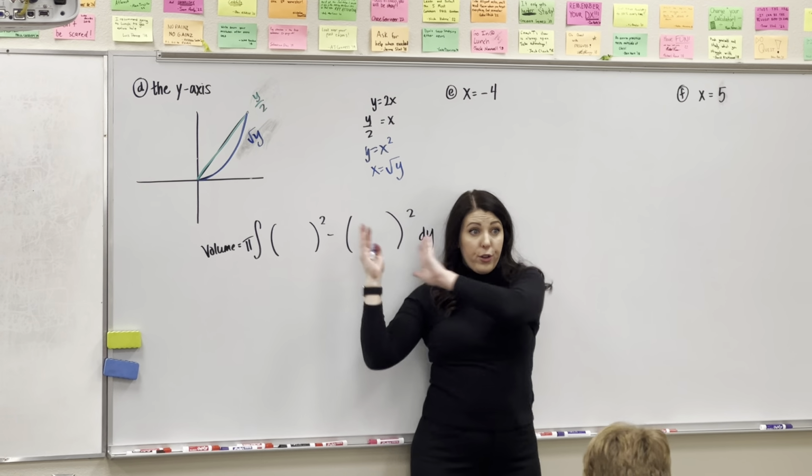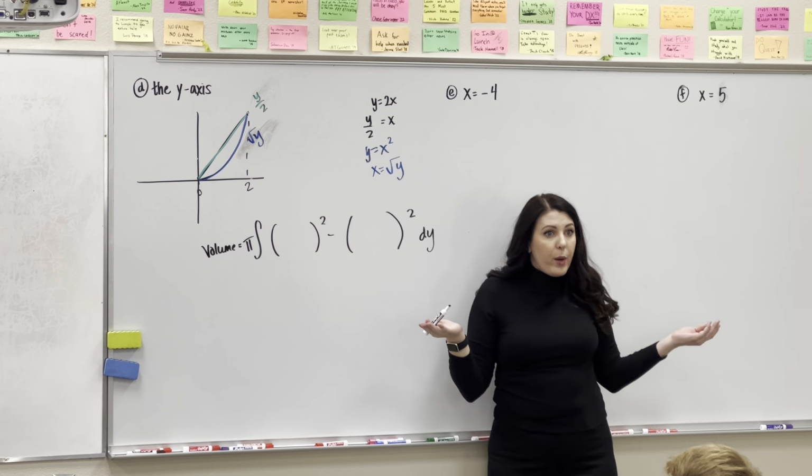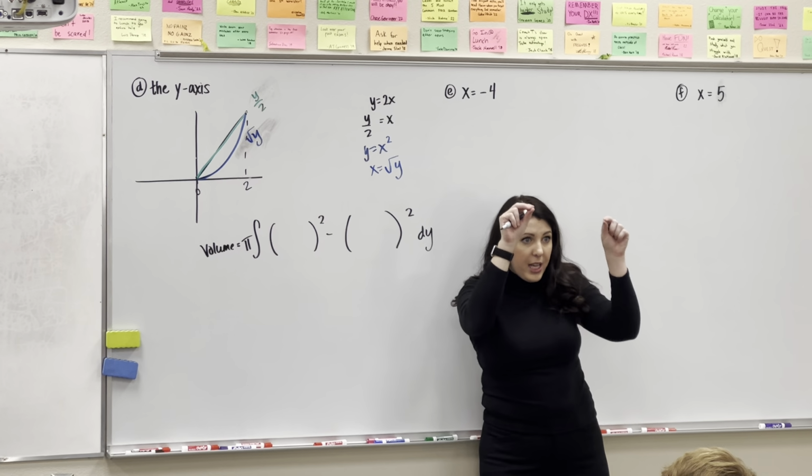Okay? So, one final thing we need to do. We knew that this was x equals 0 and x equals 2. Those were x bounds. Now I need to know the y bounds. How do I find those y bounds? Plug your x bounds into y equals x squared. Yep, and you can plug it into either equation, right? Because they're intersecting at those same places.